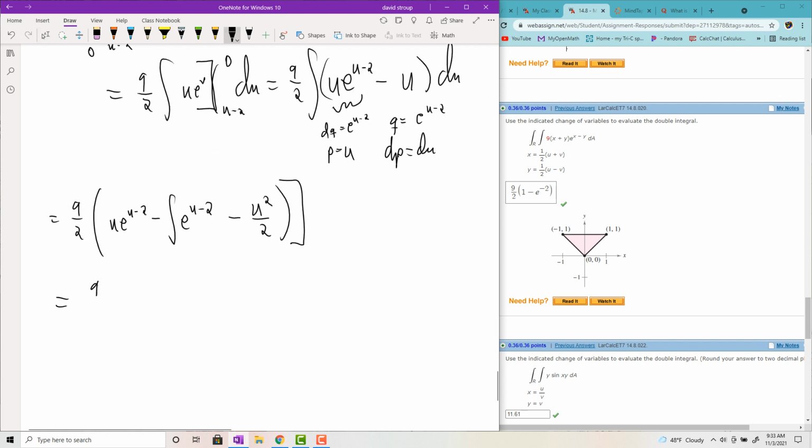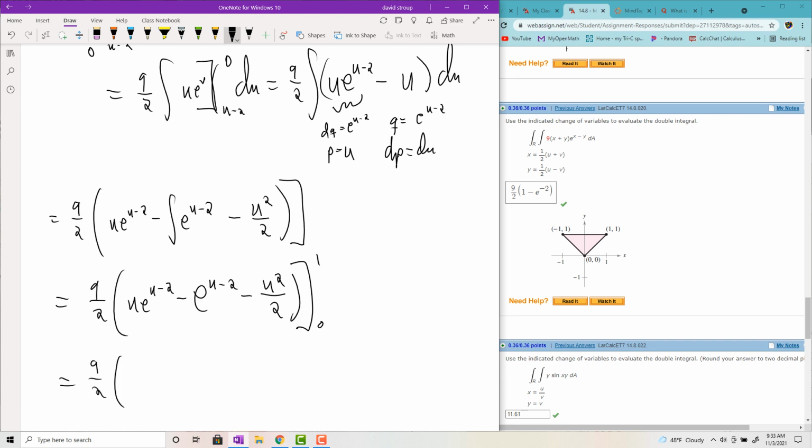So this will be 9/2 times u e to the u minus 2, minus the integral of e to the u minus 2, which is e to the u minus 2, and then minus u squared all over 2, and then we have to evaluate from 0 to 1.